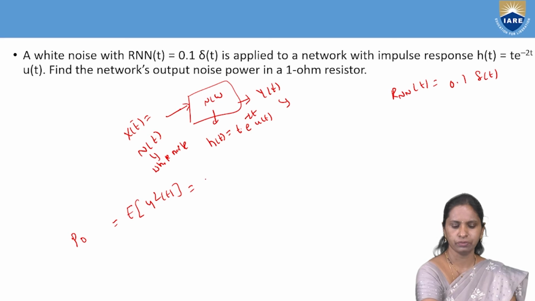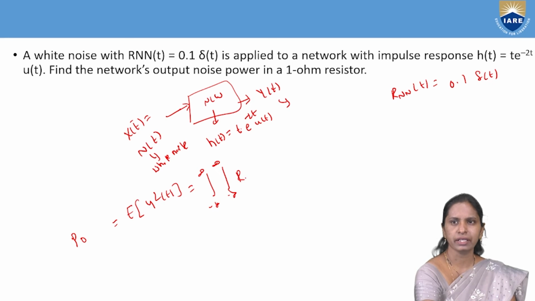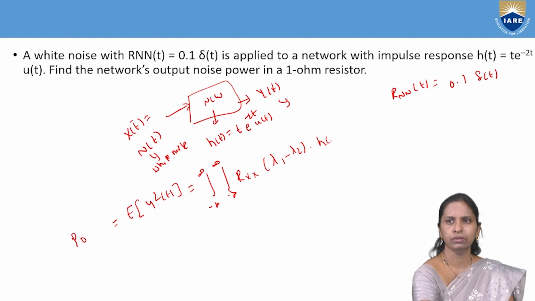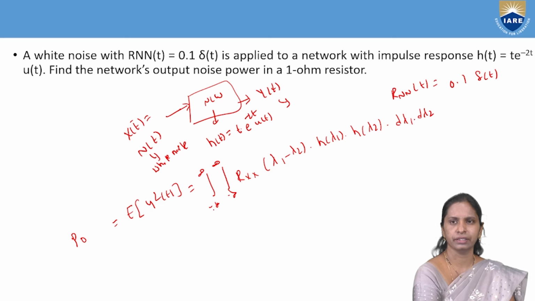We have already done the formula for the mean square value of the response of the system: integration from minus infinity of R_XX of lambda 1 minus lambda 2 into h of lambda 1 into h of lambda 2 d lambda 1 d lambda 2. This is the mean square value of the response of the system, which we have already calculated.